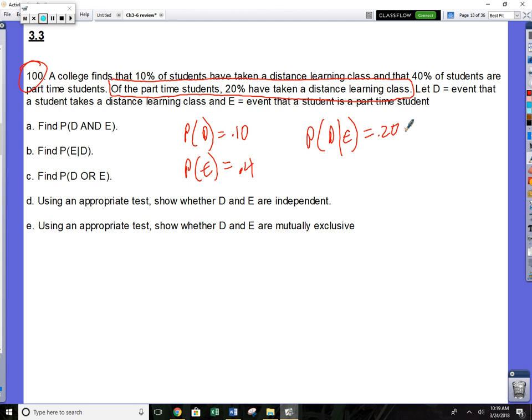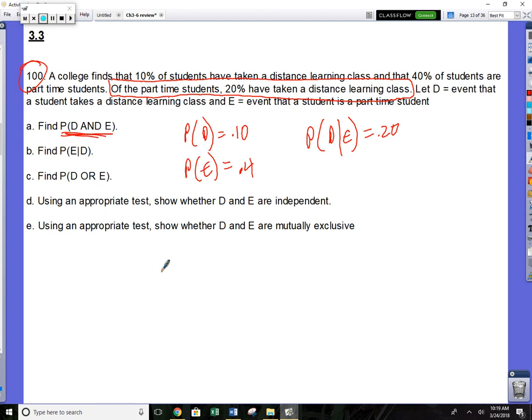Now there's no way to create a Venn diagram because we do not know the intersection. When you know the intersection, a Venn diagram's a piece of cake. But here's what I know. I'm going to go back to the formula.